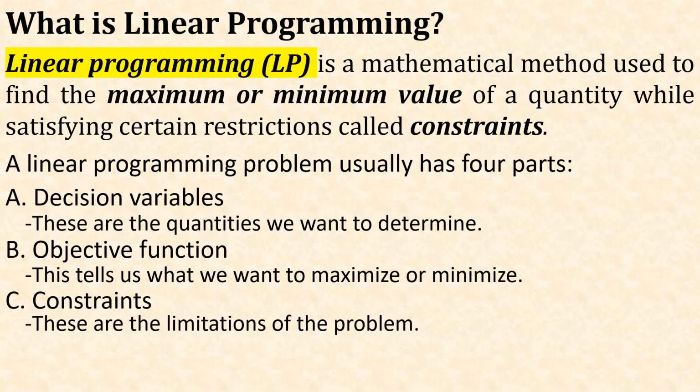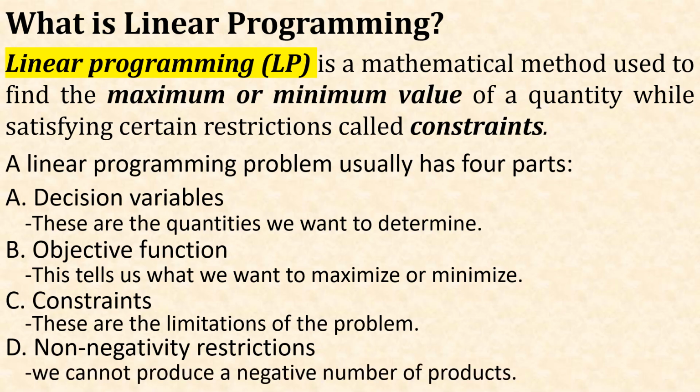These are the limitations or restrictions of the problem. Then we have the non-negativity restrictions, since we cannot produce a negative number of products. So when graphing, we will use quadrant 1 of the Cartesian coordinate plane.